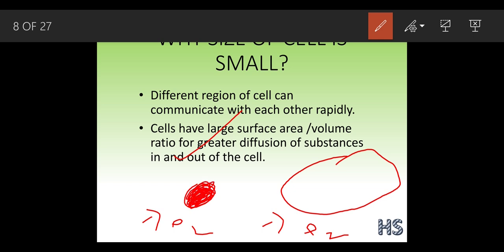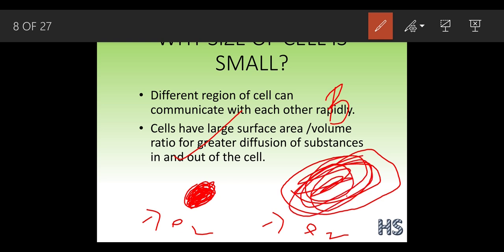But inside this cell B, oxygen has to go here, there, everywhere, and it takes a lot of time to get oxygenated. So it is easy to understand that the smaller the size of the cell, the faster the communication can happen. Faster communication is quite possible in cell A than cell B.